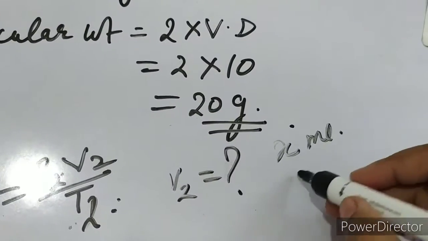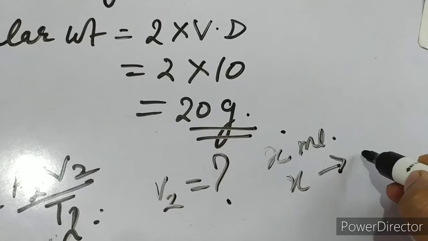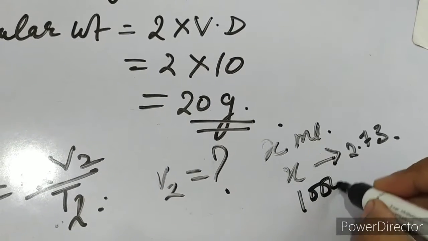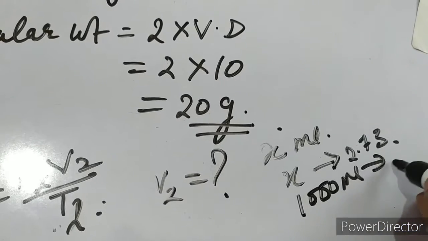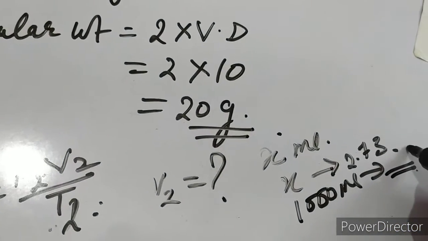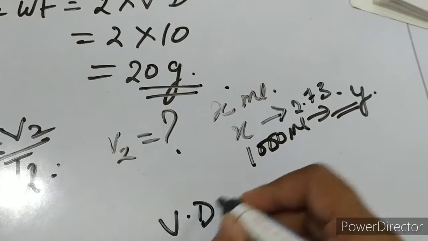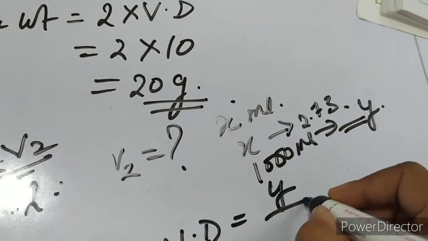Now the weight of this X ml has been given in your question as 2.73 gram, and now convert it into 1000 ml. Suppose you get the answer as Y. So the vapor density you will calculate as Y divided by the weight of hydrogen, which has been given as 0.09.